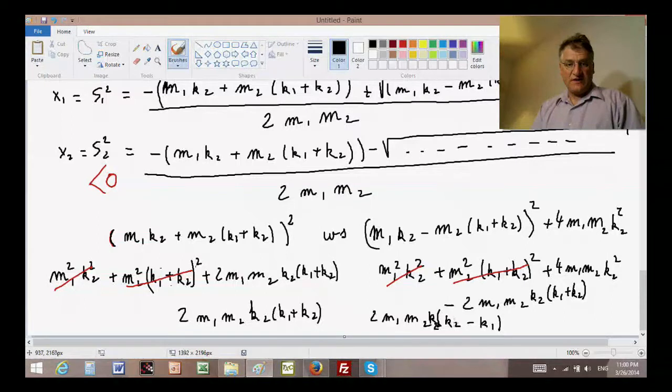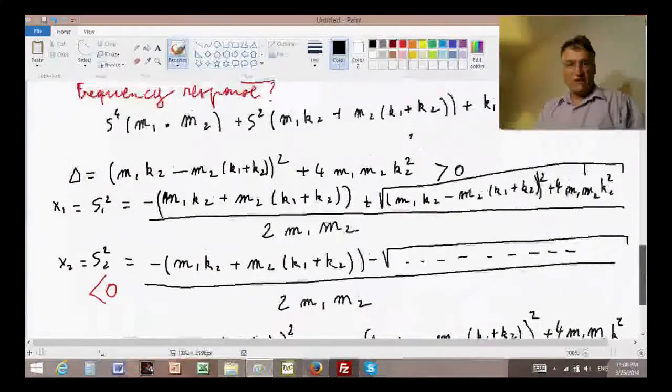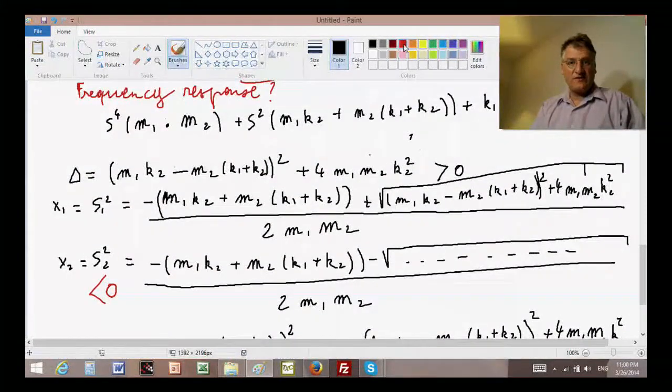So it is clear that this quantity is smaller than that quantity, and therefore this quantity is also always negative.